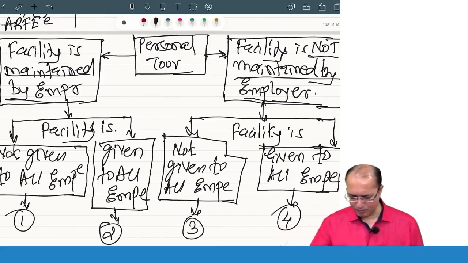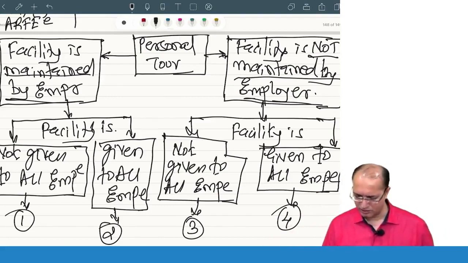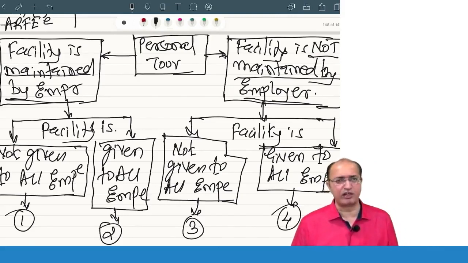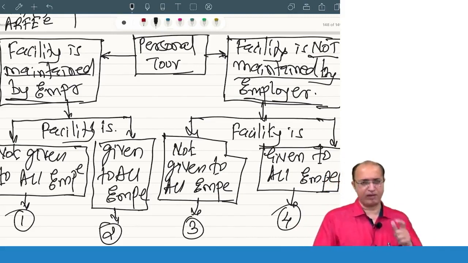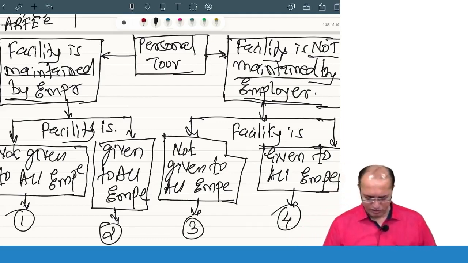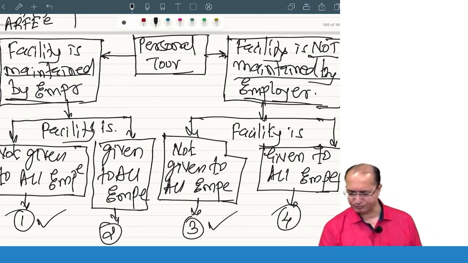But Manoj, to Manoj we gave 4 idlis and 2 vadas. So we are doing partiality, yes or no? When we give the same thing to everyone, there is no partiality. But if we provide some extra facility to a particular employee, definitely there is a partiality. So here there is a partiality in combination number 1 and combination number 3.